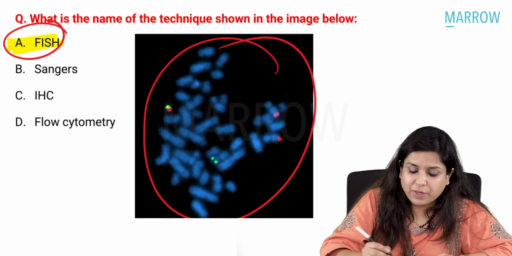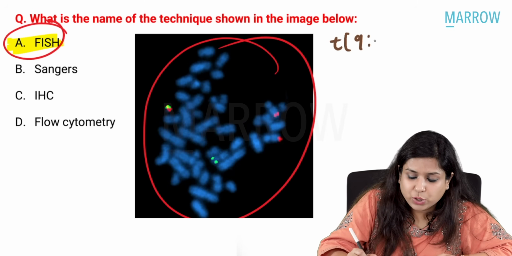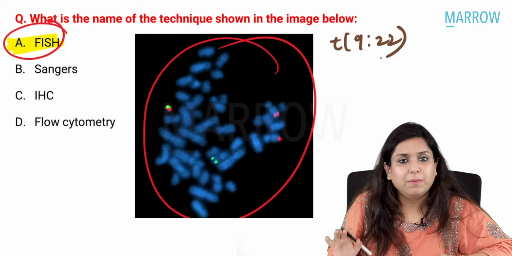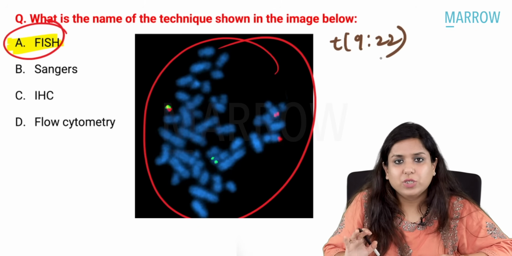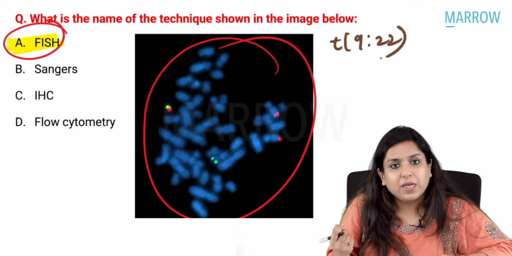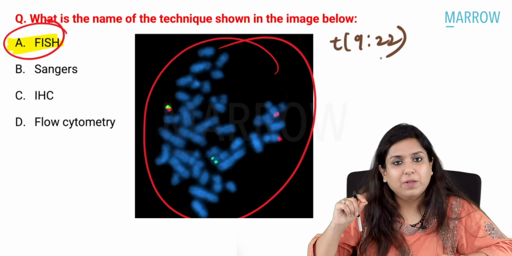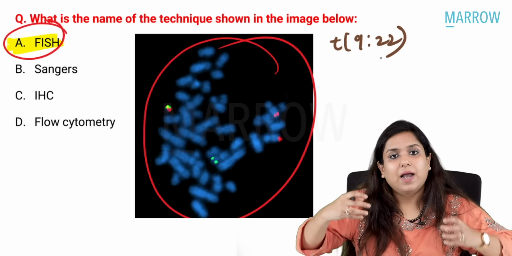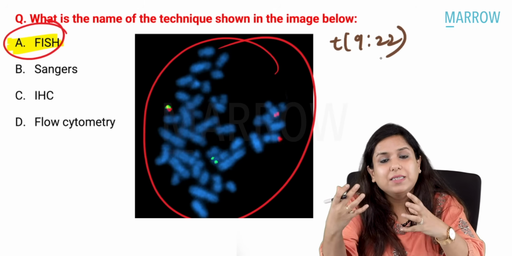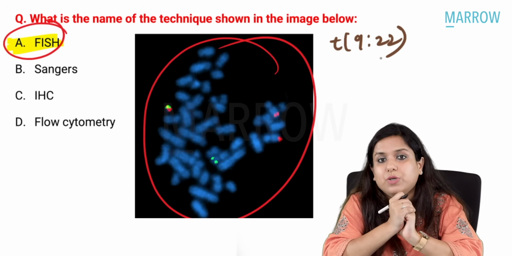So, suppose my patient has got t(9;22), right? You are suspecting my patient has got CML, translocation 9;22. You will create probes and label them with red and green signals, right? And then you will fuse them and see whether translocation is present or not.